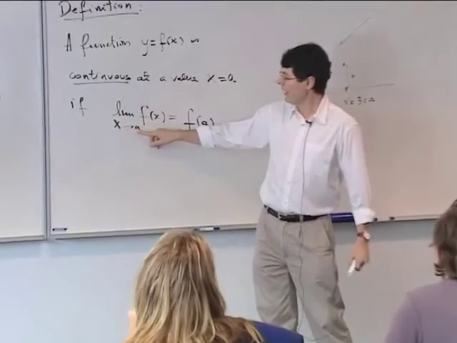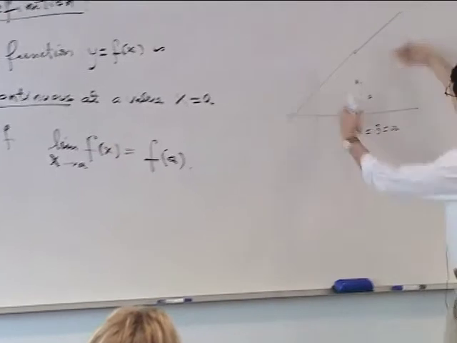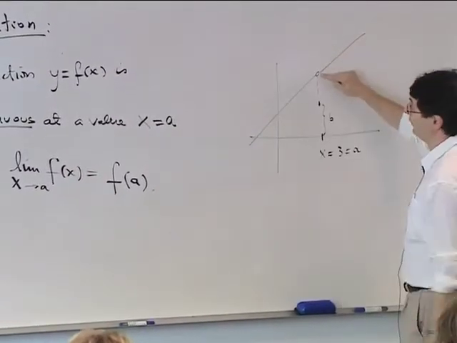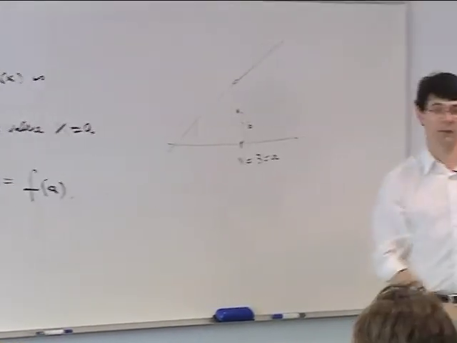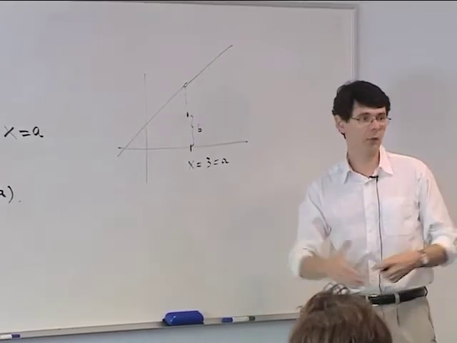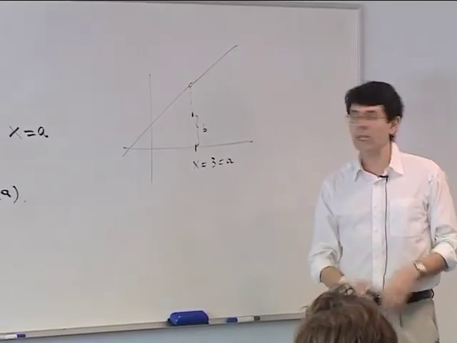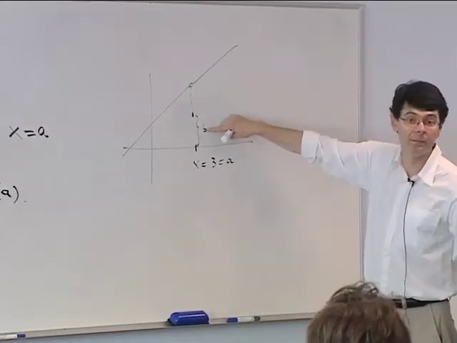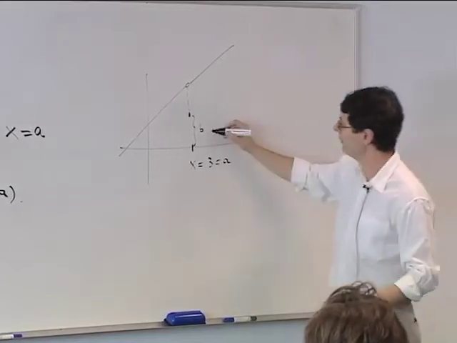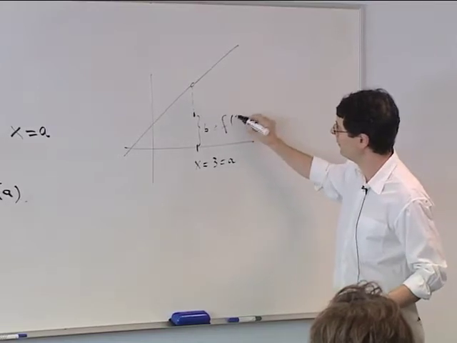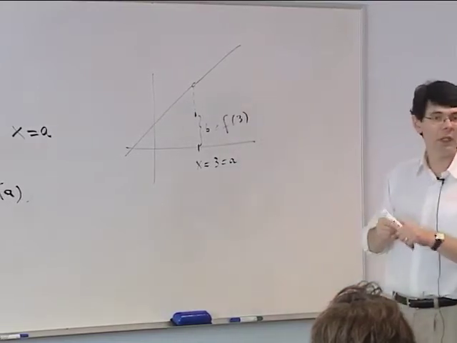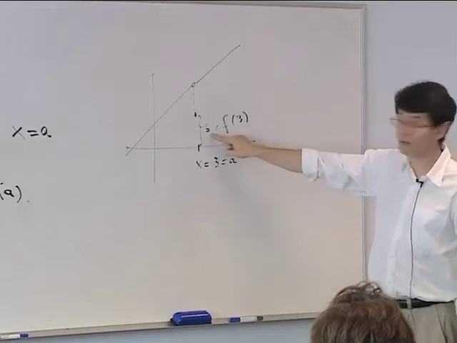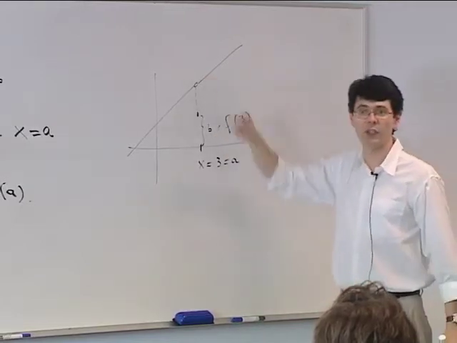Is there a limit when x goes to 3 of a function? In other words, when you approach from both sides, yes, and the limit is 6. That was the example we dealt with. Is it equal to the value b? B is f of a, right? If this number here is 6, it's continuous.